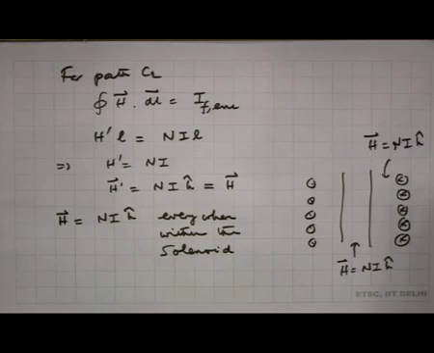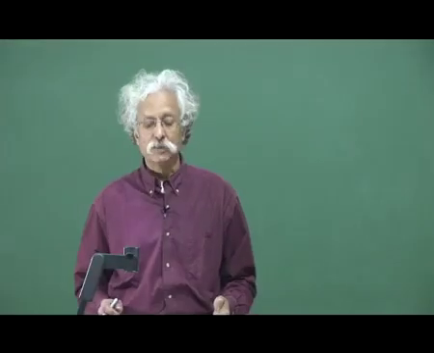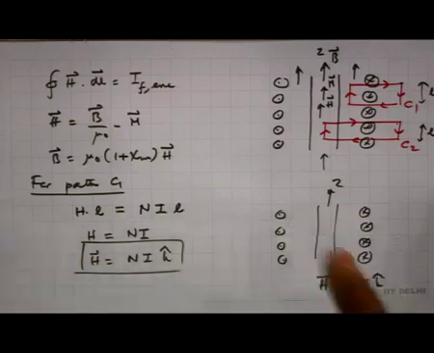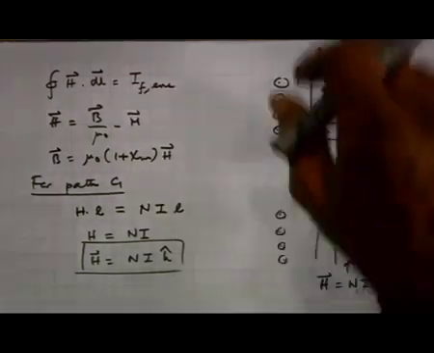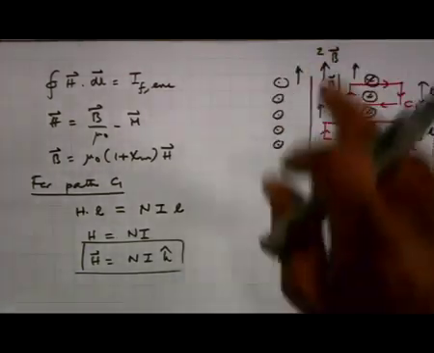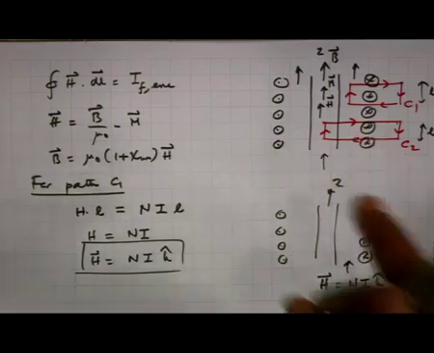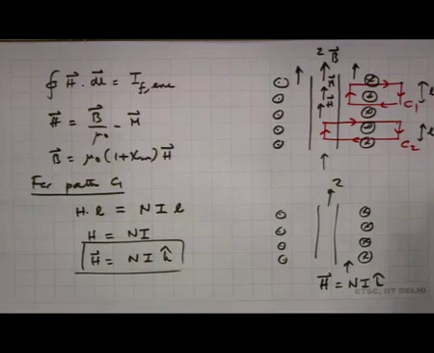So, without knowing anything about the property of the medium, without knowing anything about the surface currents, bound currents, etc., I have been able to calculate the H vector. This has been made possible because I knew that by symmetry arguments the B vector is vertical, the M vector is vertical, the H vector is vertical, and B is 0 outside, M is 0 outside, H is 0 outside.